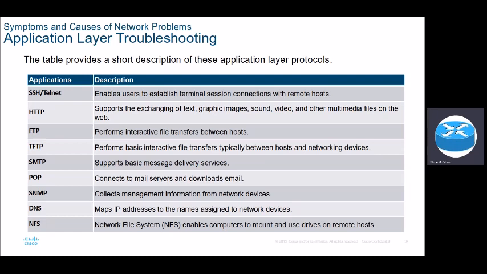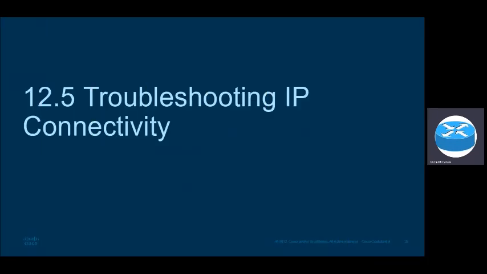SMTP, of course, is delivering email. POP, of course, is how you collect email. SNMP is simple network management protocol, so we were talking about that a slide or two ago. DNS, of course, is relationships between names and IP addresses. And NFS is sort of like the old Unix version of Samba. It's a network file system that can remotely connect to things.